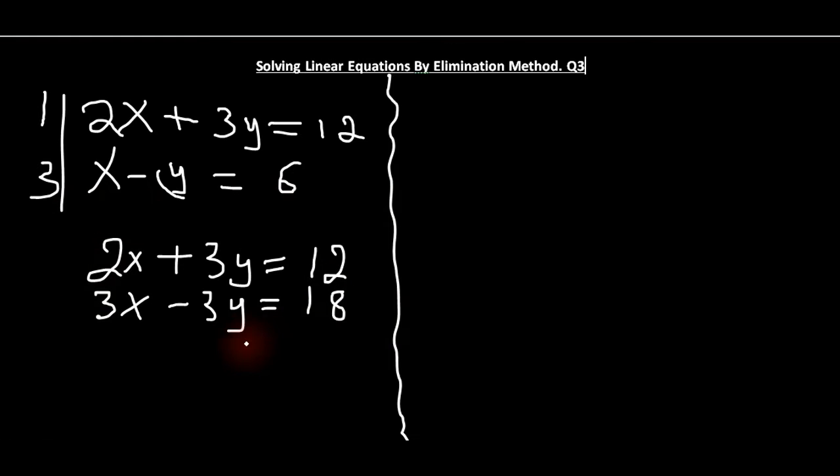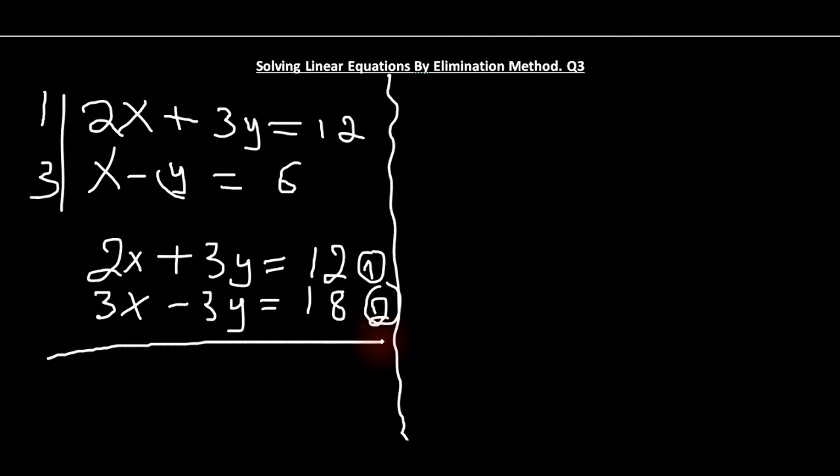By doing this, we are going to now realize that the coefficients of the variable y are the same with opposite signs, which means we can now directly solve this equation by simply adding the equations together. So let's call this our equation 1 and let's call this our equation 2.